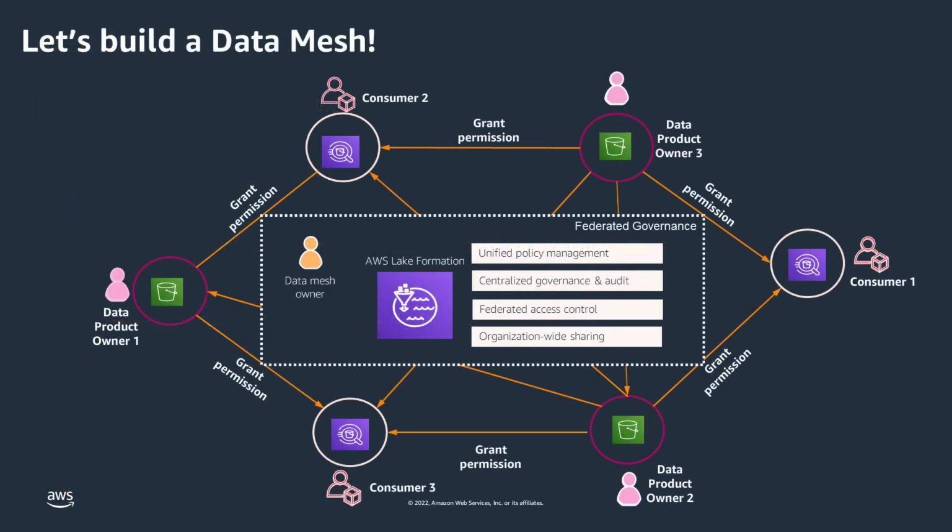In this scenario, we'll consider three products where a product owner owns the data in their own account, and three consumers who would want to consume different combinations of data from different product domain owners, and how those are all seamlessly enabled through a unified permission model and data sharing aspects from the federated governance standpoint.